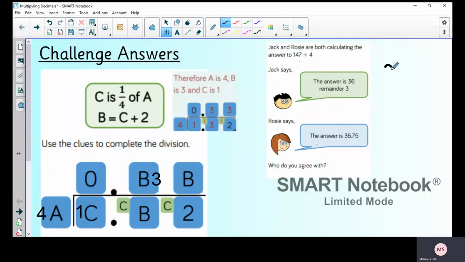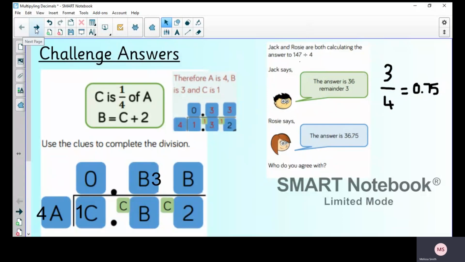So if we have a look, my remainder was 3. What was I dividing by? 4. 3/4. We should know this. What is 3/4 as a decimal? Well, that's 0.75. And therefore, another way to express the answer to 147 divided by 4 is 36.75. So both of them were correct. Well done if you got both of those answers correct.